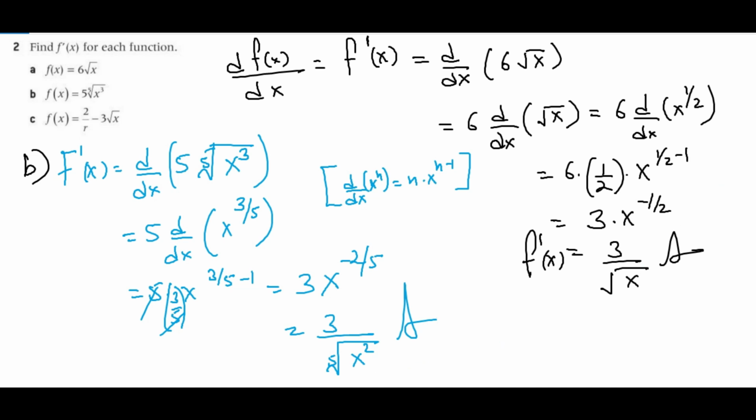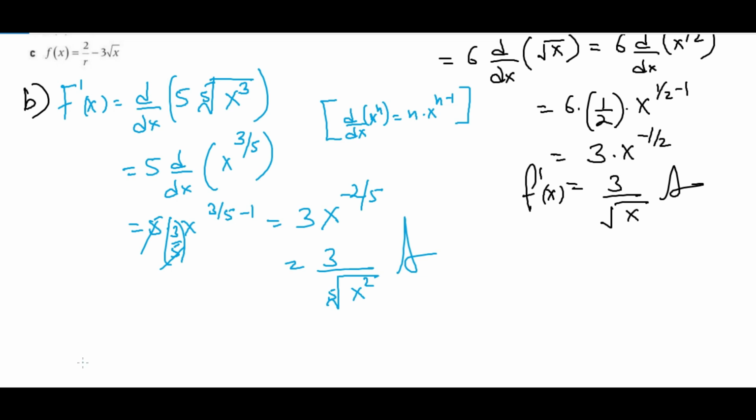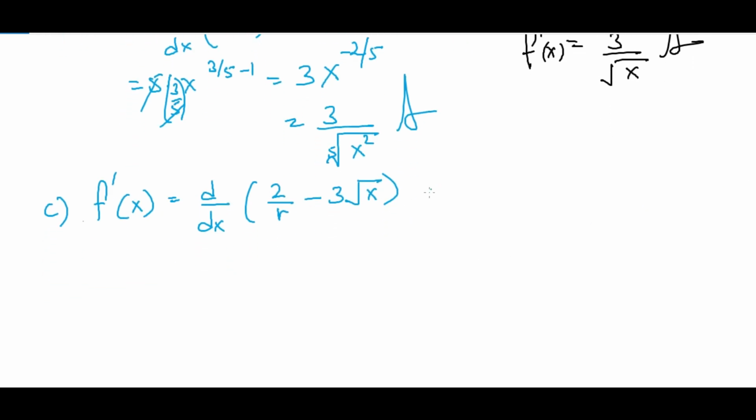Okay, let's proceed further with the C part, which says f dash x, which is differentiation of f(x) with respect to x only, as they have not mentioned it, but I suppose this r is written, and r is a constant here. When it is a constant, we can apply the same rule, that differentiation of any constant term is just 0.